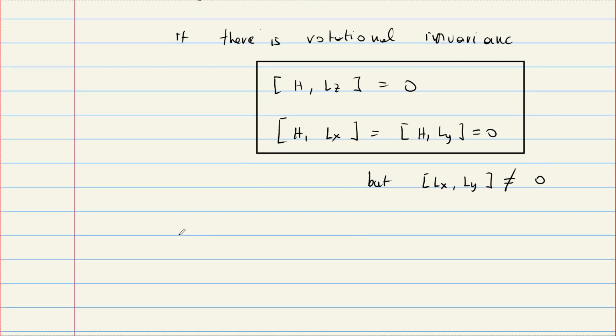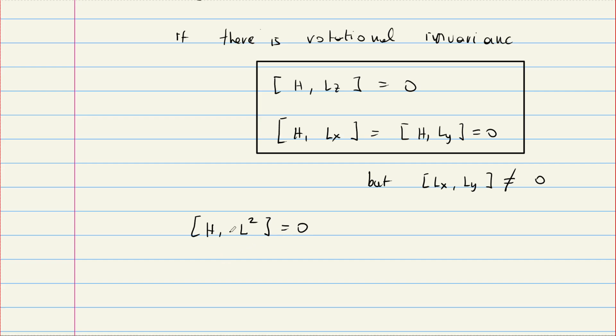So if H commutes with Lx, Ly, and Lz, that means H also commutes with Lx squared. Right? If something commutes with some operator, it also commutes with the square of this operator. That's trivial. If anybody has doubts, I can show. Then also Ly squared, also Lz squared, or I can combine all of them and say H also commutes with L squared.